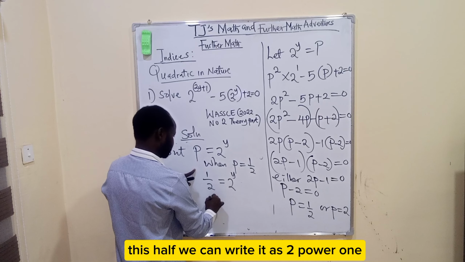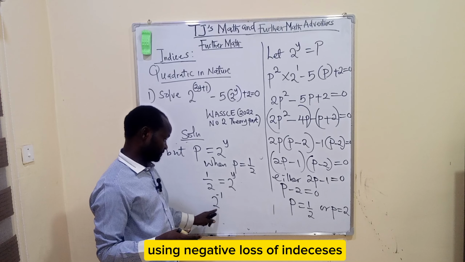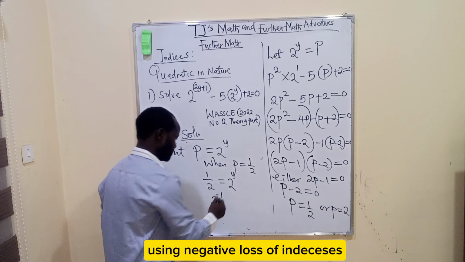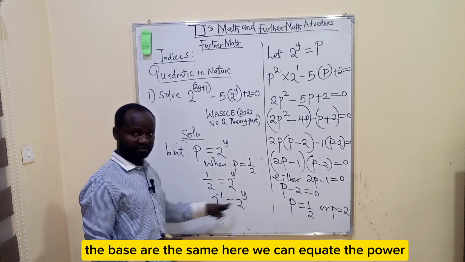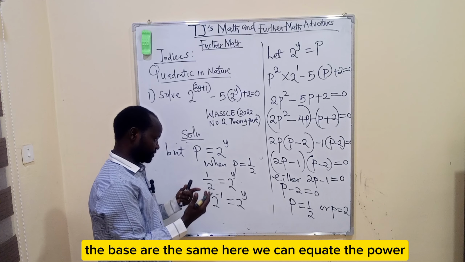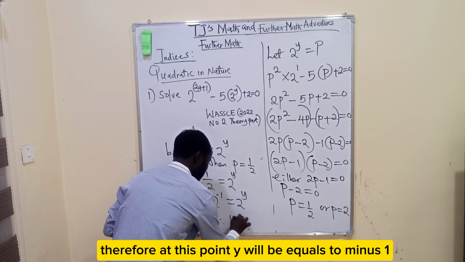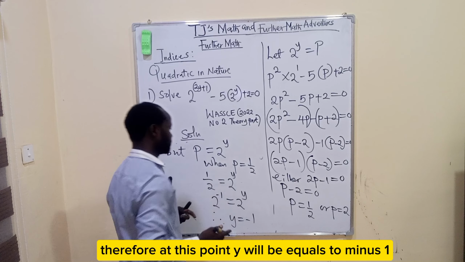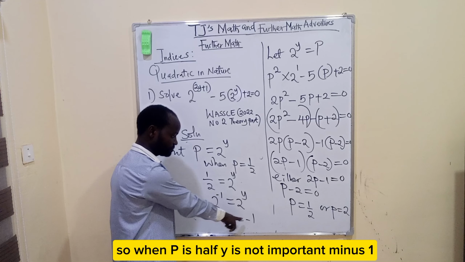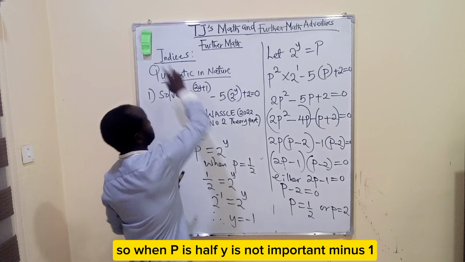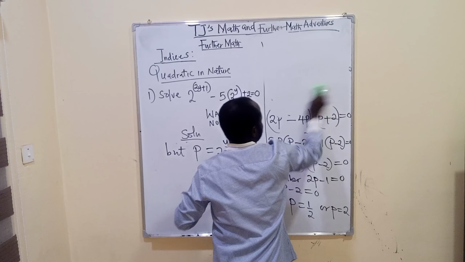This half we can write as 2 power minus 1 using the negative law of indices. So this will be 2 power minus 1 equals 2 power y. The bases are the same here, so we can equate the powers. Therefore, y will be equal to minus 1. So when p is half, y is nothing but minus 1.